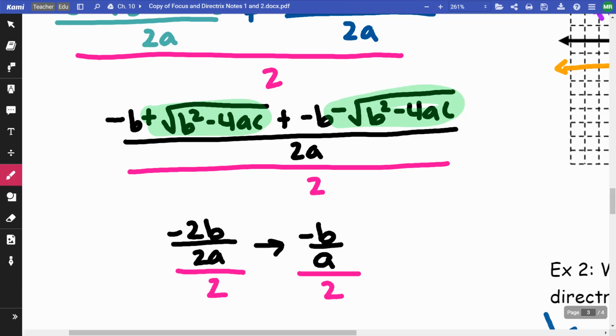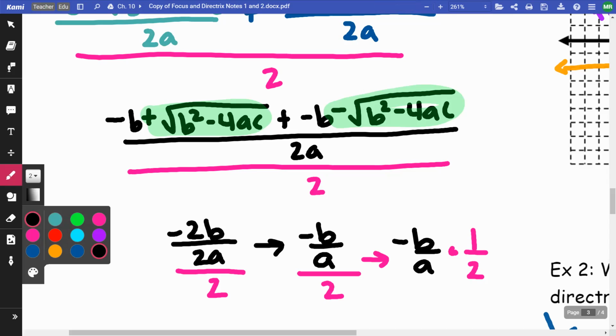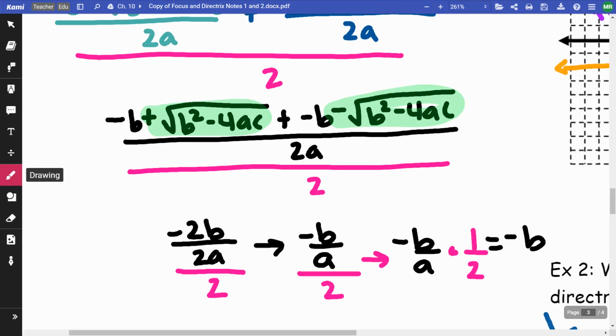Now, when I am dividing negative b over a by 2, it's the same as multiplying by the reciprocal. When I divide by 2, it's really like multiplying by its reciprocal. And I end up getting negative b over 2a.